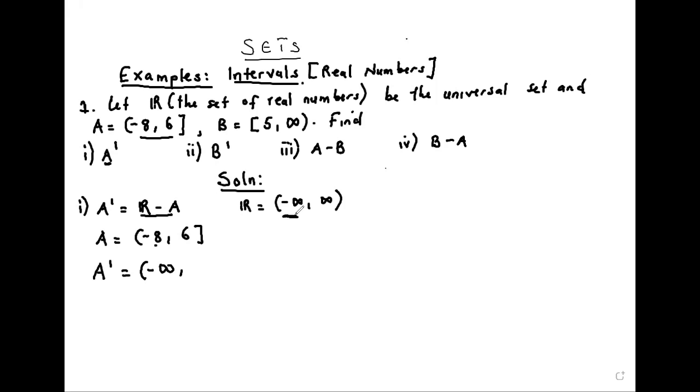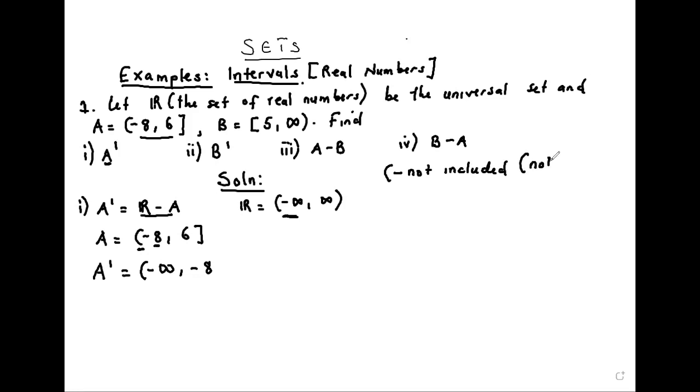first number of the set A, the left boundary. So I'll pick -8. Is it included in A or not? If you see this, it means not included. What does not included mean?